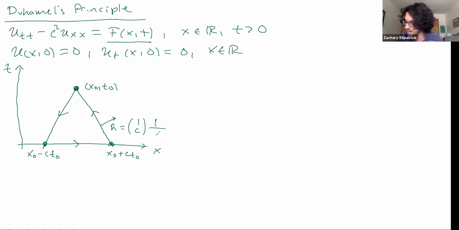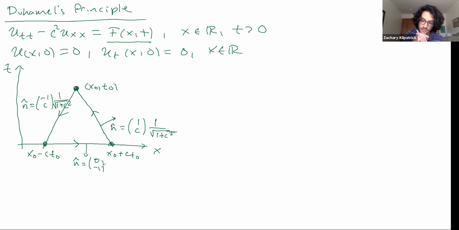So I'll just write down the normals along each segment of this line integral again that we had written down last time. They're just reflections of each other about that point. Sorry, I'm just sort of squeezing this in here. And then the normal here is going to point downward. Okay, and I'm making these unit normals so that I can more readily apply the divergence theorem.